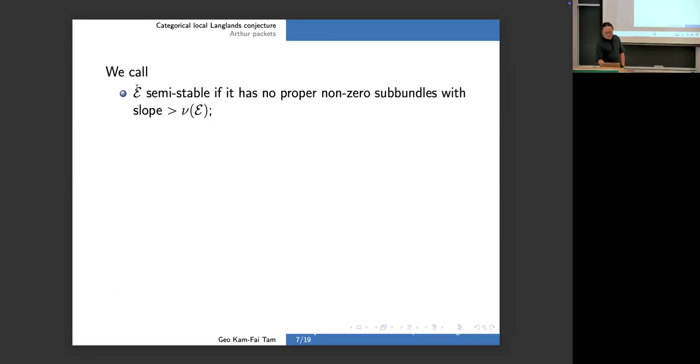We say a G-bundle E is semi-stable if it has no proper non-zero subbundles with slope greater than the Newton polygon of E. So this is just the Newton polygon.